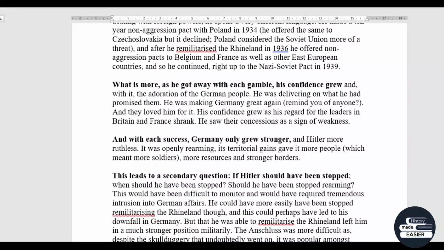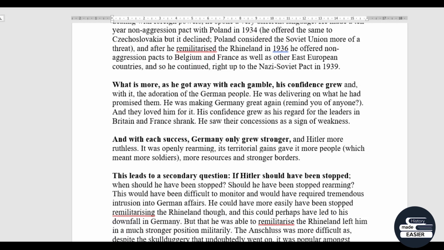What is more, as he got away with each gamble that he took, rearming and then remilitarizing the Rhineland and so on, his confidence only grew. And we could add to that his popularity in Germany only grew.